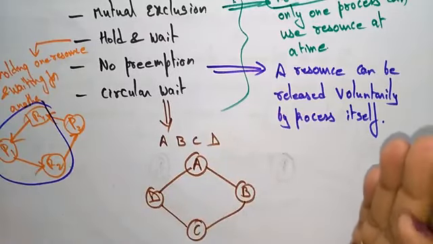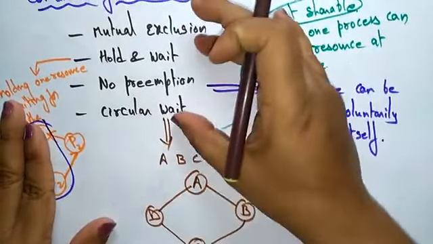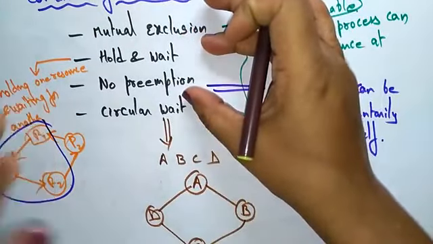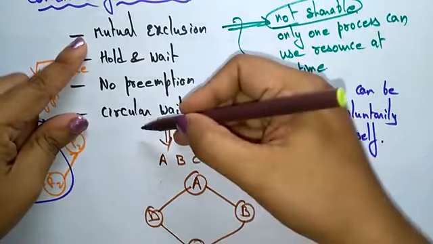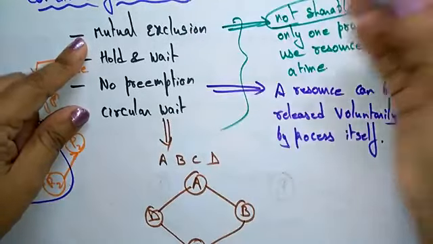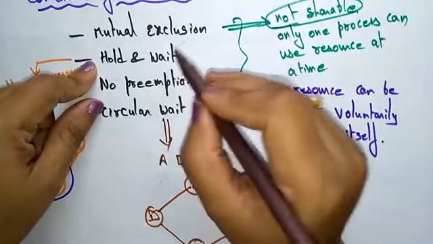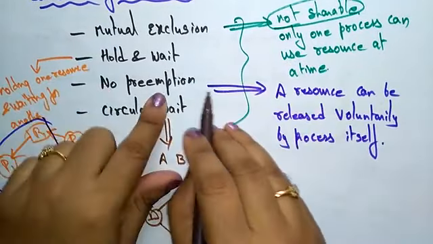If we prevent any one of these conditions, if you make any one of these conditions false, then you can prevent the deadlock. You can avoid mutual exclusion by sharing all the resources. You can make hold and wait a false statement, and you can make no preemption into preemption.